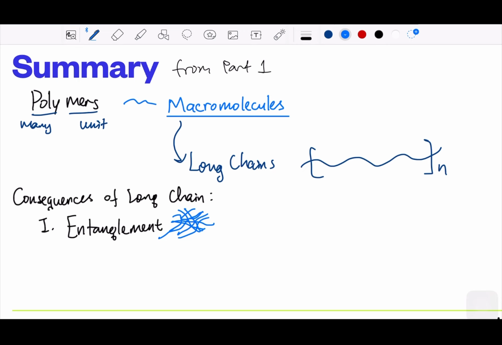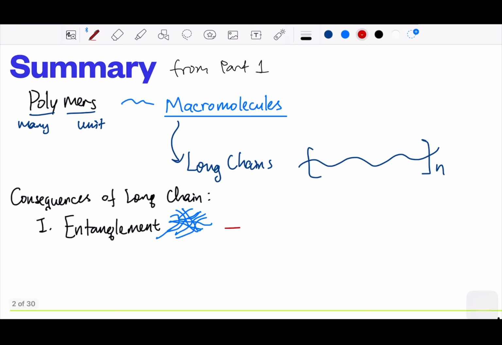Okay? And what's the implication of the entanglement? The mobility. It's not moving easily. In general, it's not. So it's reduced. So, reducing chain mobility.